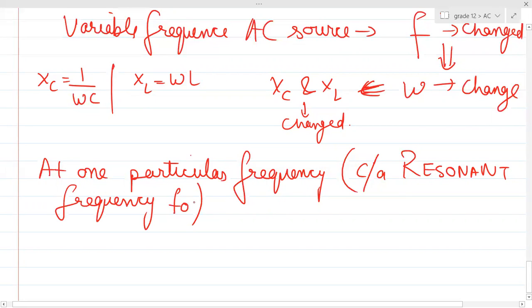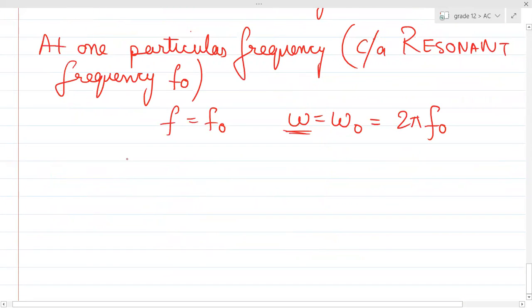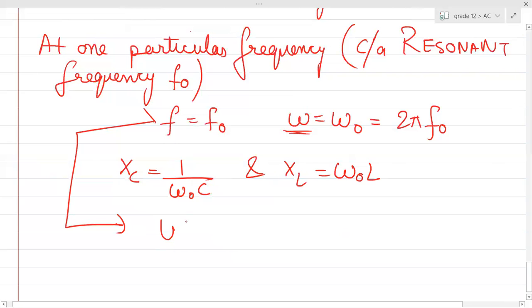When f equals f naught, omega equals omega naught, which is 2 pi f naught, right? At this instant, XC will be 1 upon omega naught into C, and XL equals omega naught into L. At this frequency, I can make XC and XL equal.